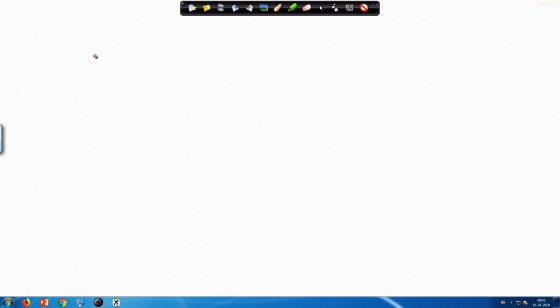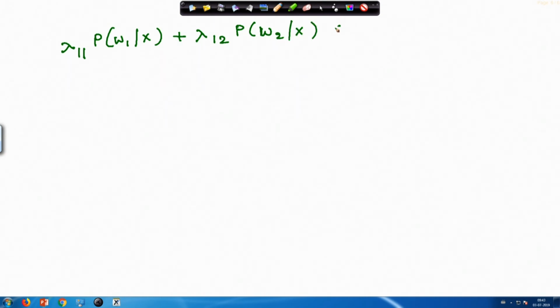So, my condition was that lambda 1 1 p of omega 1 given x plus lambda 1 2 p of omega 2 given x has to be less than lambda 2 1 p of omega 1 given x plus lambda 2 2 p of omega 2 given x.